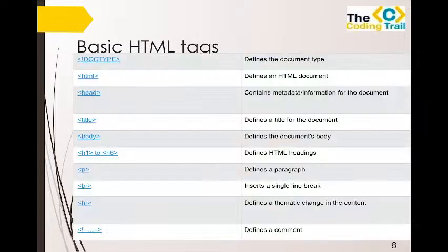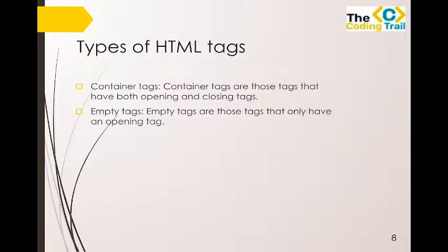One thing I think I skipped here is types of HTML tags. Basically there are two types of HTML tags. One is the container tags and second is the empty tags. Whenever the tag comes in pair, for example the heading tag as I showed you, it has opening as well as the closing. We call it a container tag. And as I told you, exceptions are always there.